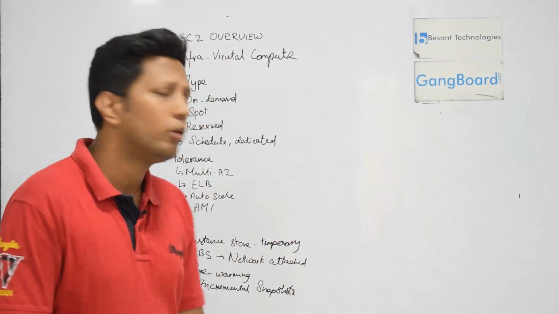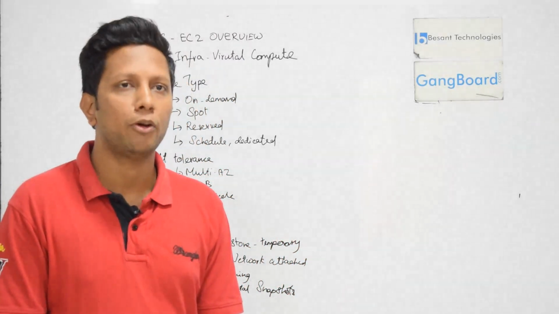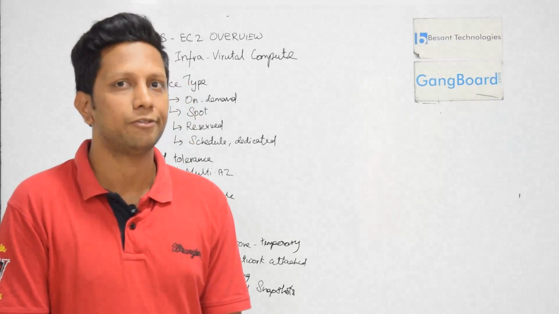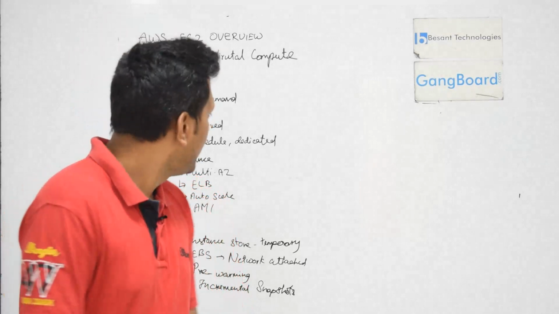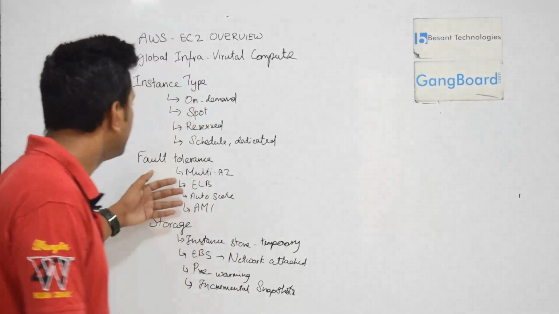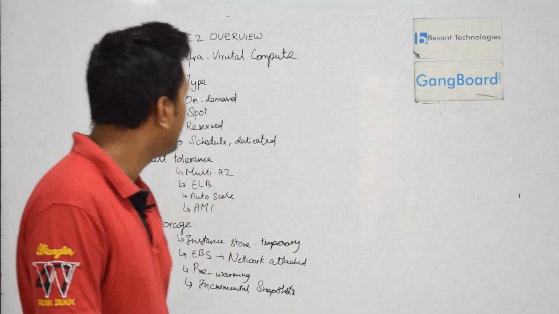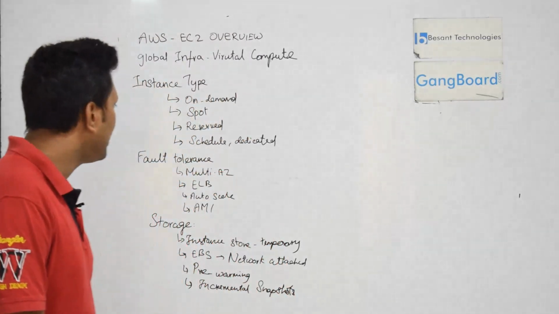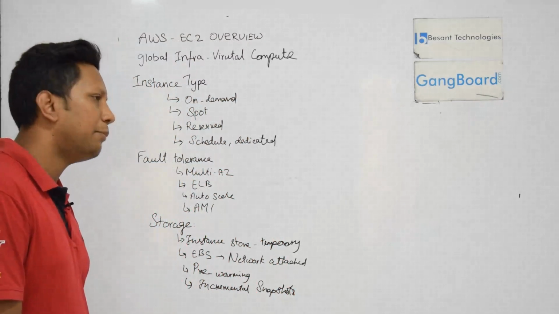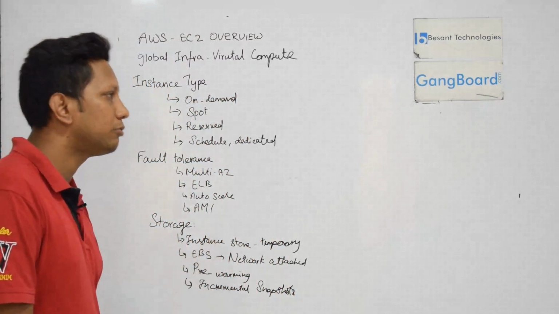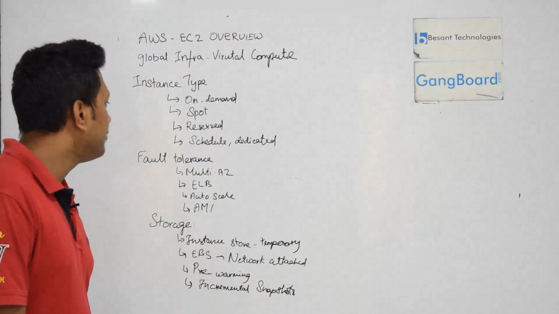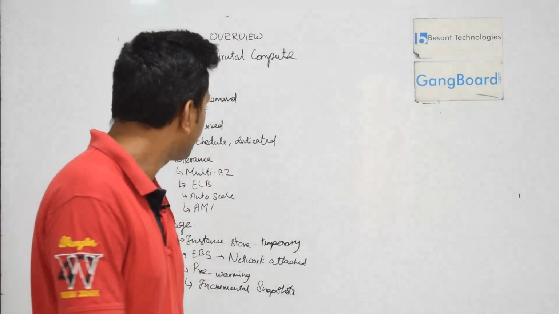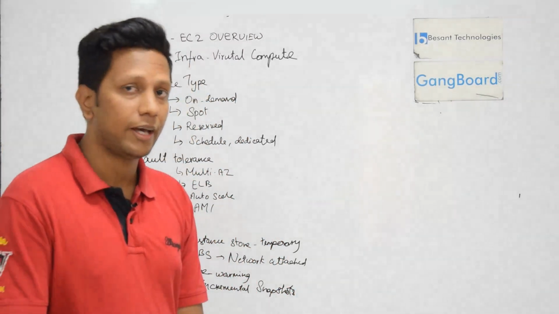All we have to do is add some additional components that help provide fault tolerance in a good manner. These components are multi-AZ, ELB (elastic load balancer), auto scaling, and AMI. AMI is a kind of component which helps to give fault tolerance.